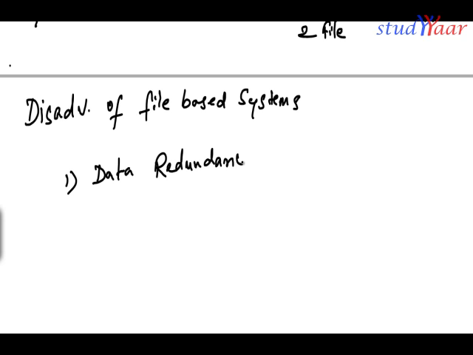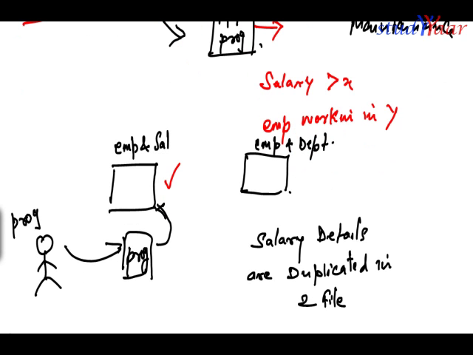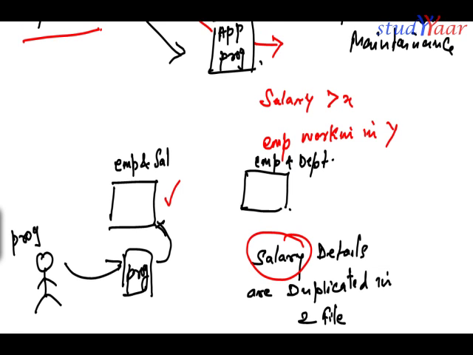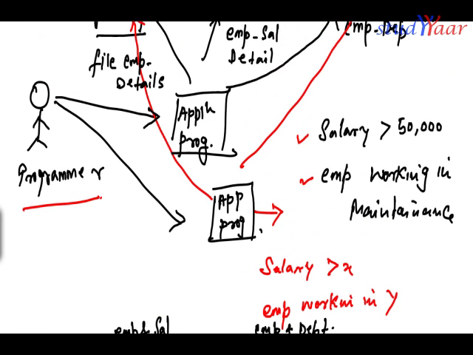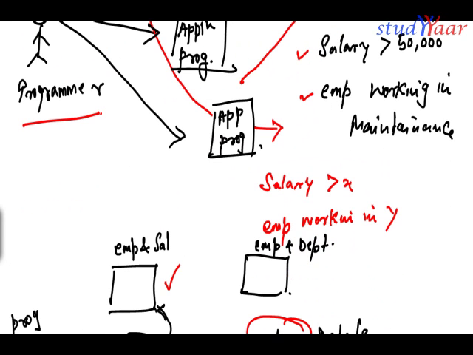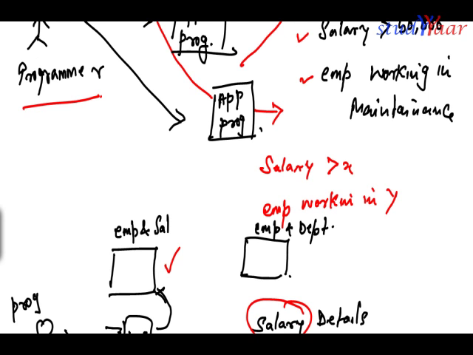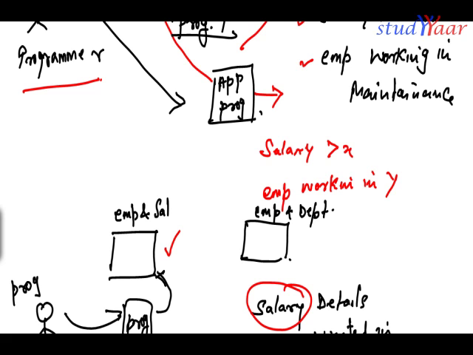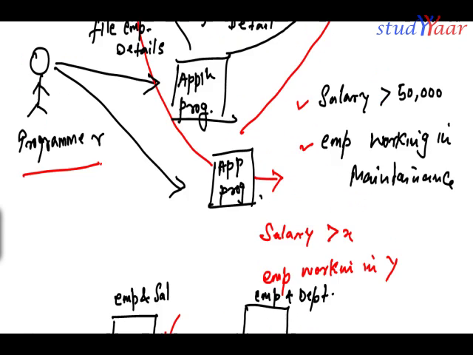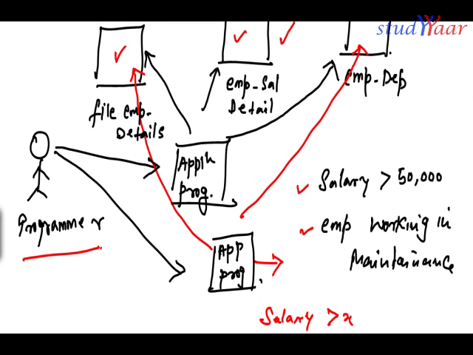The first problem is data redundancy. Data redundancy basically tells me that the salary data is being replicated, or rather duplicated, in two files. So whenever I have to make an update, I need to do that in both of these files.